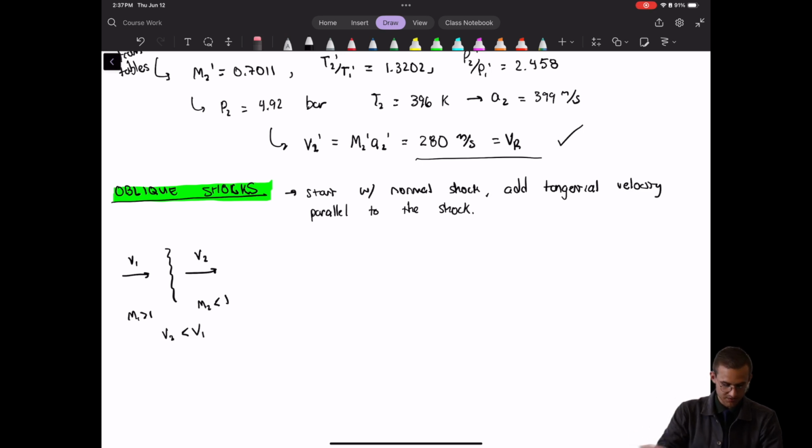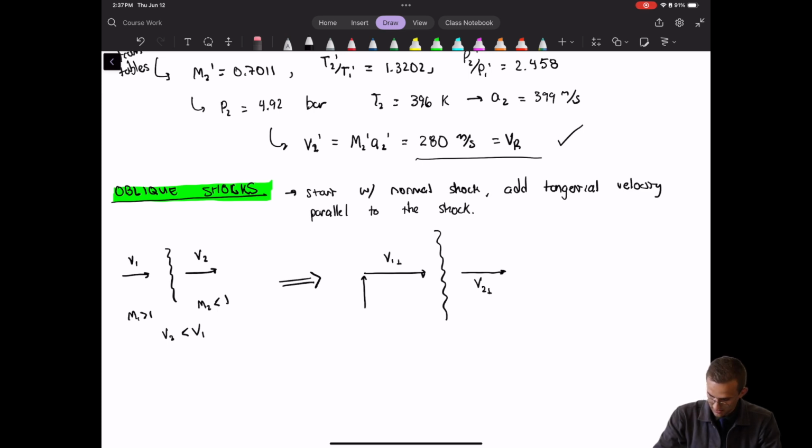These are facts that we have, and then we're talking about introducing a V parallel to the shock. So we have our perpendicular velocity, V1 perp, and then our perpendicular velocity out, V2 perp, which is smaller, but we have a parallel velocity, V parallel, in the mix.